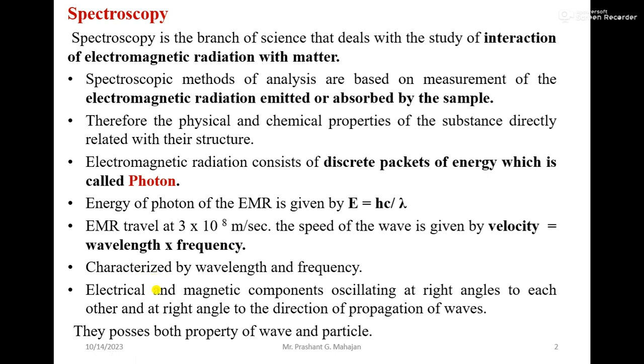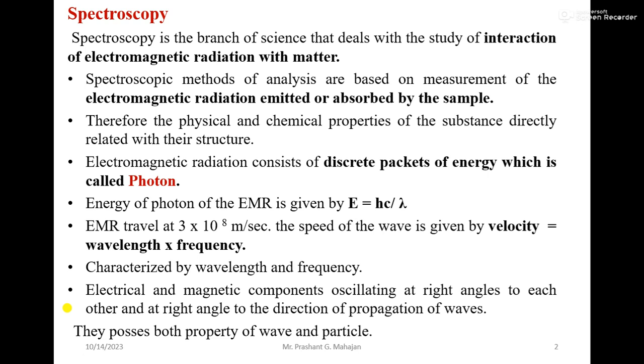The electrical and magnetic components oscillate at right angles to each other and at right angles to the direction of propagation of the wave. To understand this concept, please see the corner of your room: one line is the electrical component, the second line is the magnetic component, and the third line is the direction of propagation of the wave.